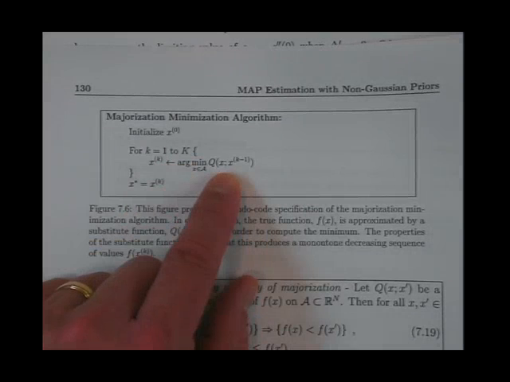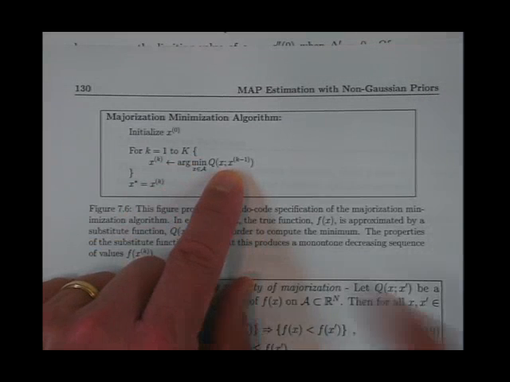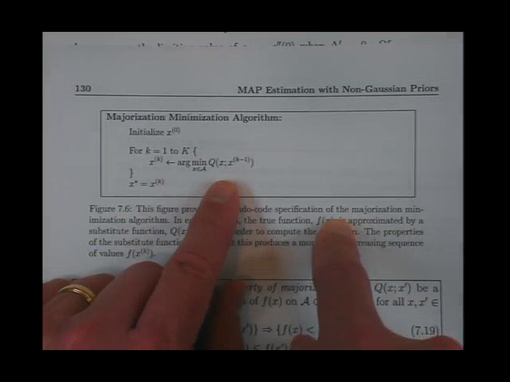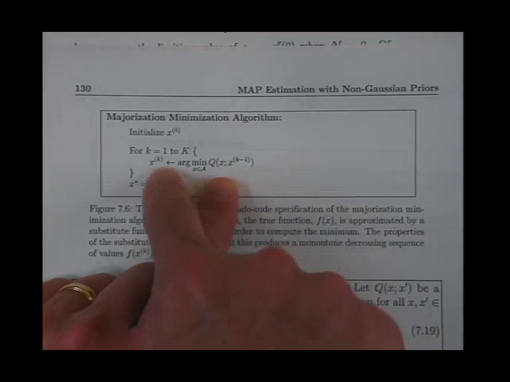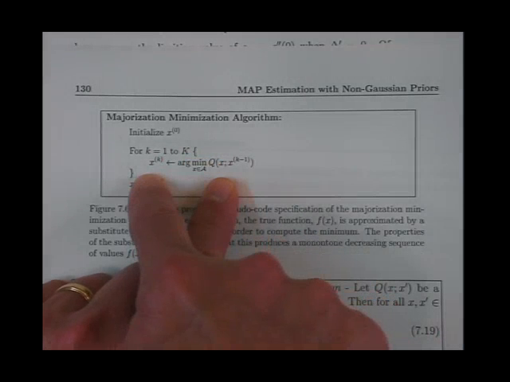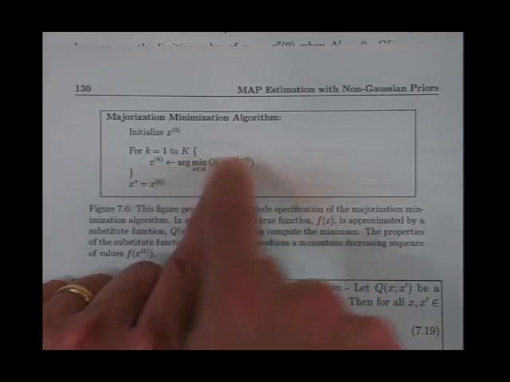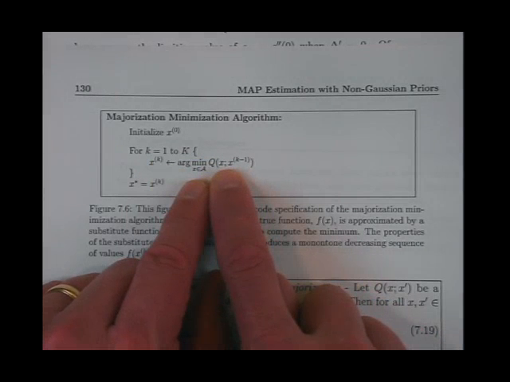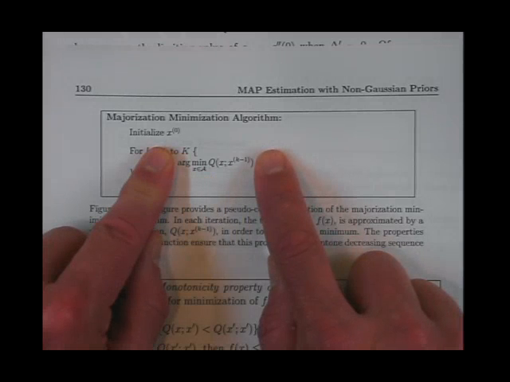You repeatedly, so if you look at figure 7.6, then you have an iteration, right? You have 10 iterations. Each iteration you minimize Q, but then to minimize Q also requires an iterative algorithm, typically, right? You can't minimize Q in closed form.